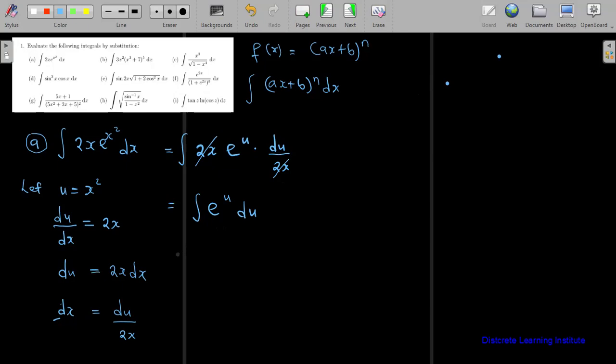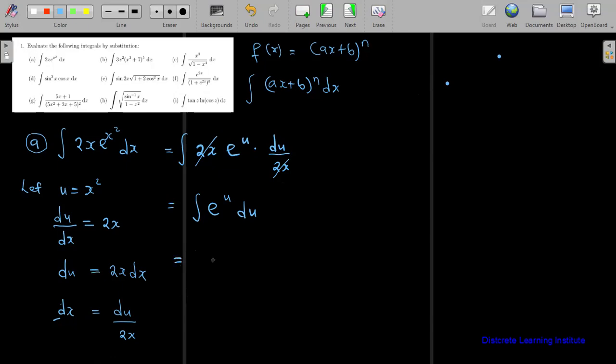Remember, this is just an integral in terms of u. You are given that list of integrals, so you need to know them so that it is easier for you to see that this is just e to the power u, and the integral of e to the power u doesn't change, it's still e to the power u.